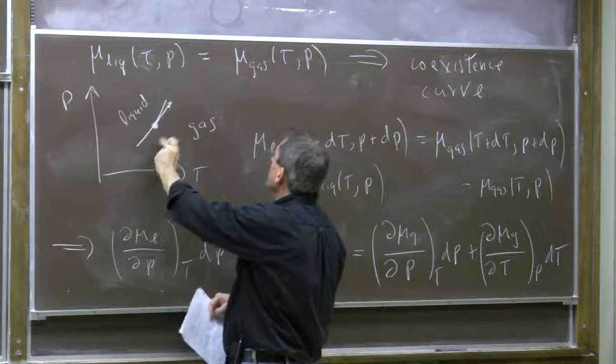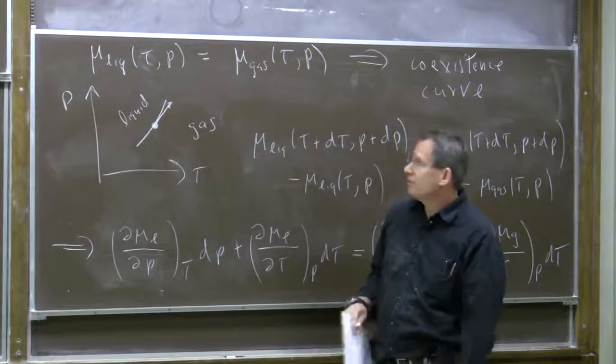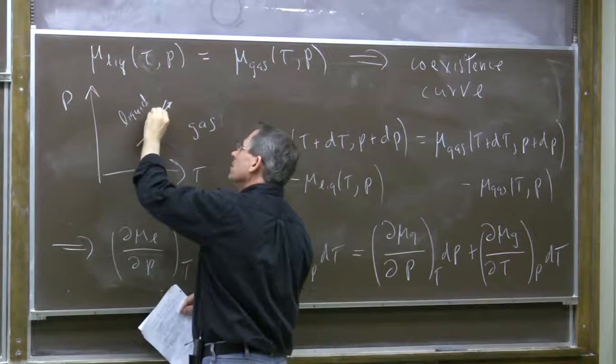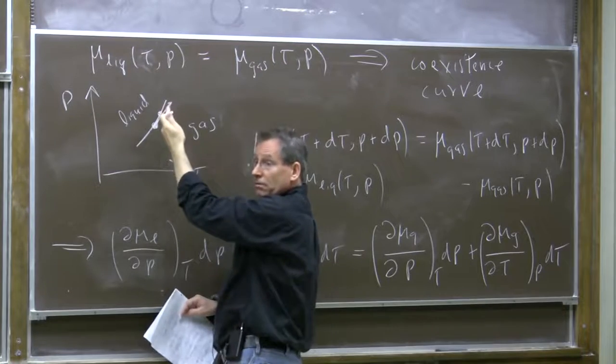The temperature and pressure vary. Both chemical potentials vary as a function of tau and p. So as I move along this curve, both are changing, but they're remaining equal. Right.